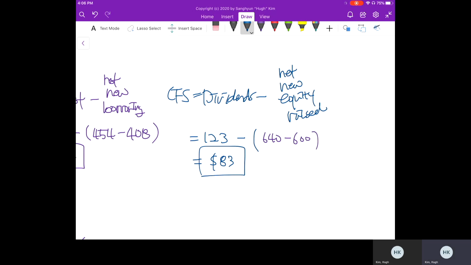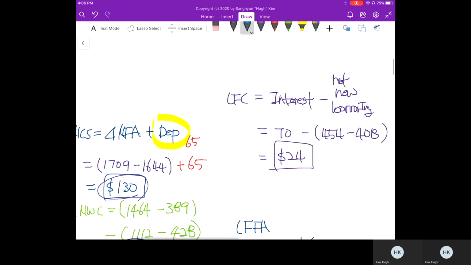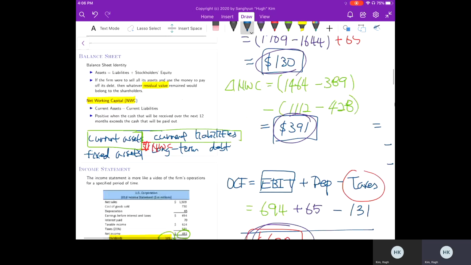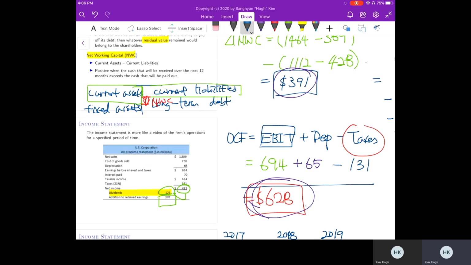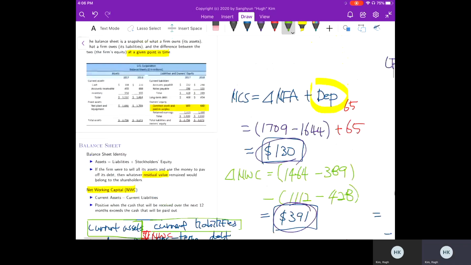And there's an alternative way to calculate cash flow to stockholders. Let's go back to the income statement. Net income is 493, and some of it is paid out to shareholders as dividends, and the rest of the net income will be added to retained earnings.